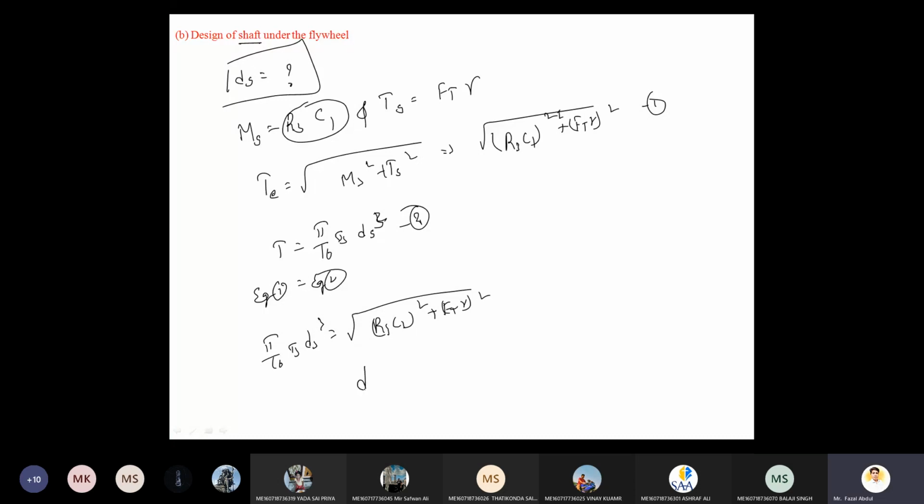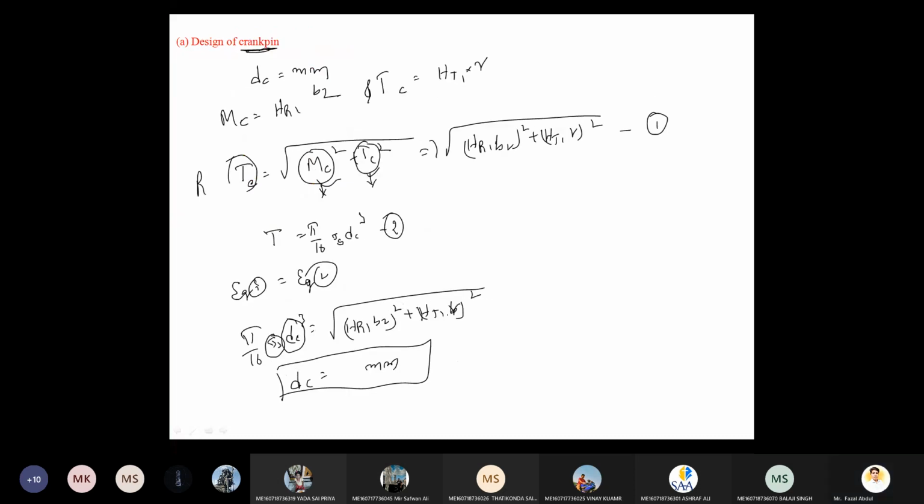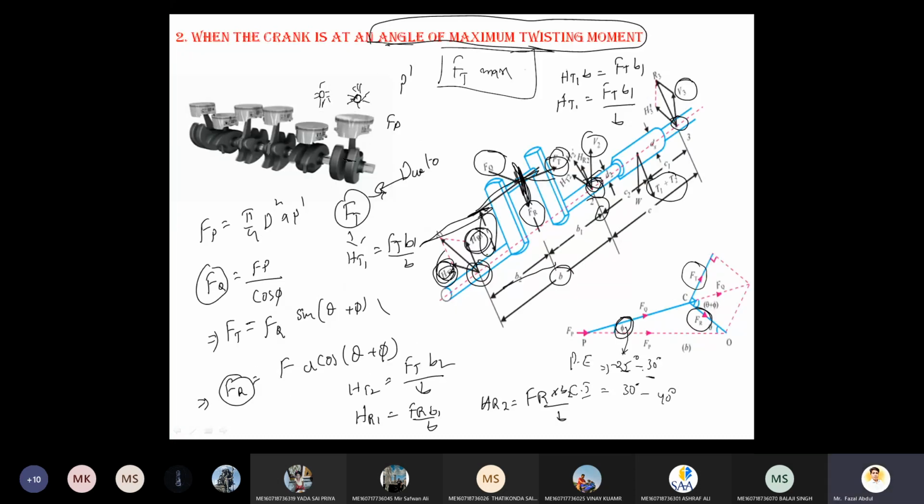With this, the ds parameter is going to be calculated. See here, sigma s is the permissible limit for the given material. R3 is the value we calculated at the beginning of this topic. Here we calculated V3.